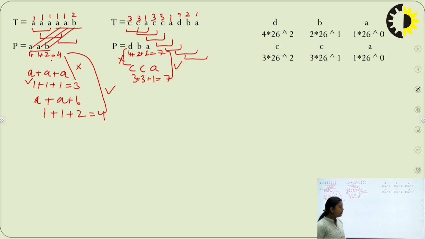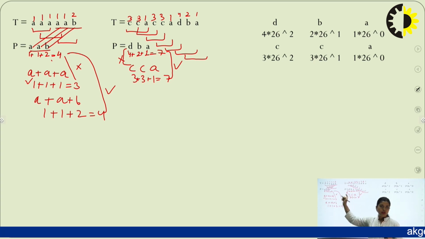So what can we do in the Rabin-Karp algorithm, rather than taking a very easy hash function? What is the overcome for this problem? The solution is that we use a more complex method to find the hash value.